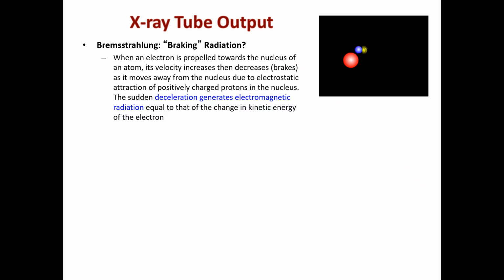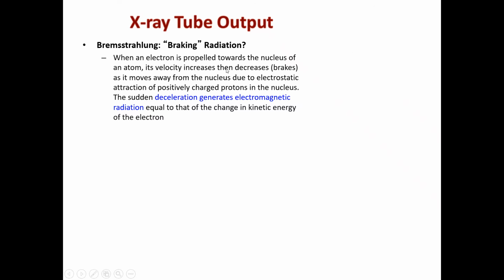And if you have a change in acceleration or velocity, that's going to change the electromagnetic radiation as well. So that's called braking, in its original German, Bremsstrahlung. So that is the Bremsstrahlung radiation that shows up when you're detecting on the other end after the interaction happens.